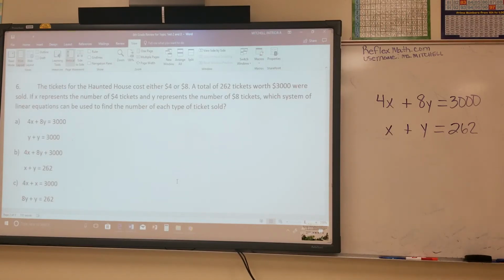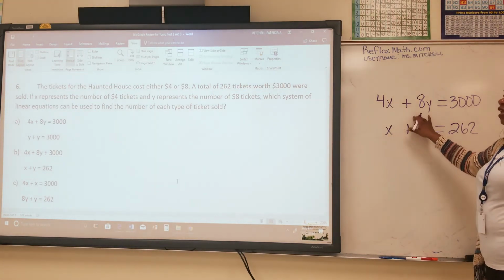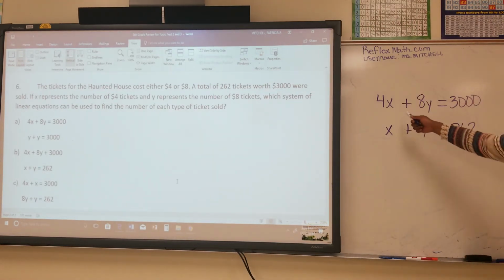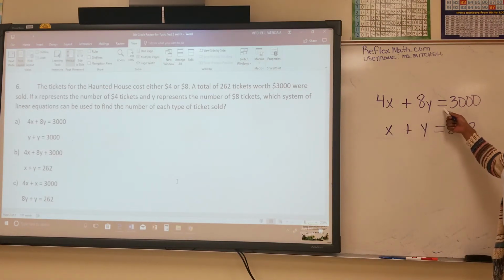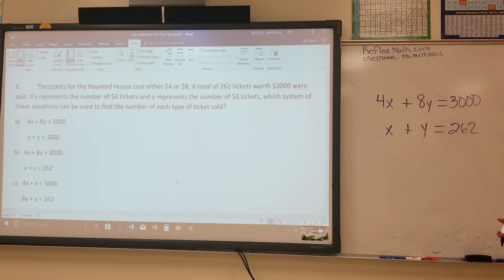They did not tell us how many tickets were sold of each, but they did tell us that it was worth $3,000. So 4X plus 8Y has to equal $3,000. And they told us that X represents the number of $4 tickets, and Y represents the number of $8 tickets. So therefore, 262 tickets were sold.